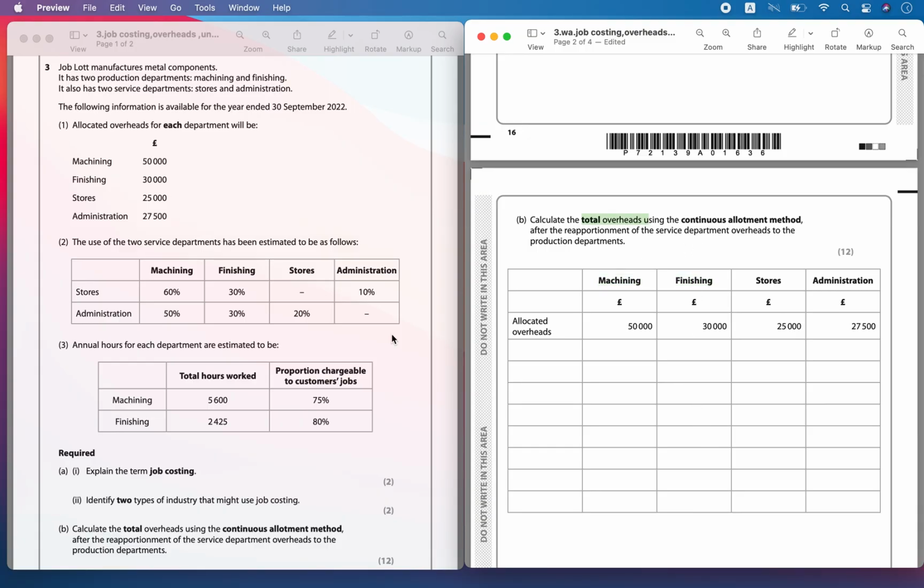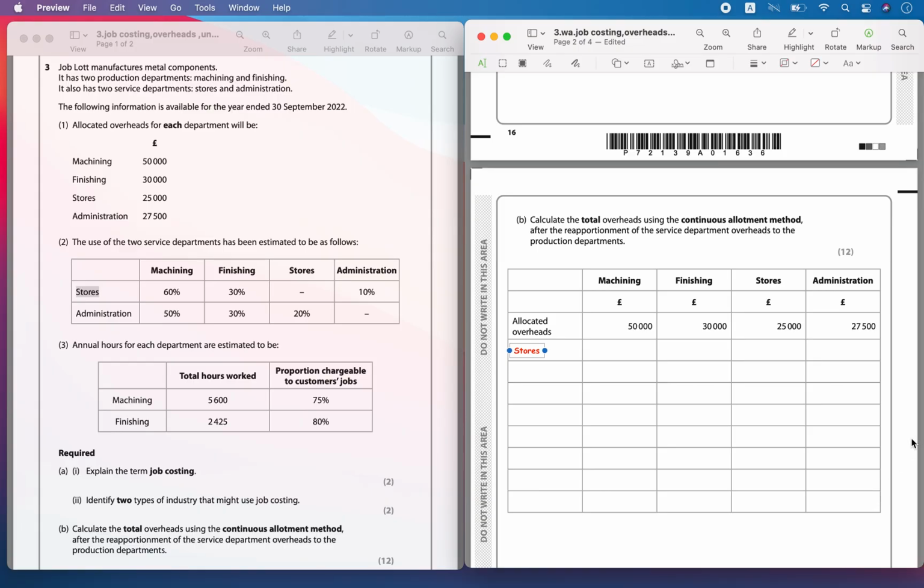So what is the allocated overhead cost for each department that has happened in the year? Machining has had 50,000, finishing had 30,000, stores had 25,000, and admin had 27,000. Stores overhead cost I will reapportion first to the finishing and the machining department. I will do this continuously till both overheads become zero, or reach a small amount where I can't apportion anymore.